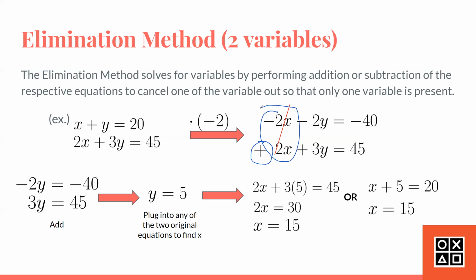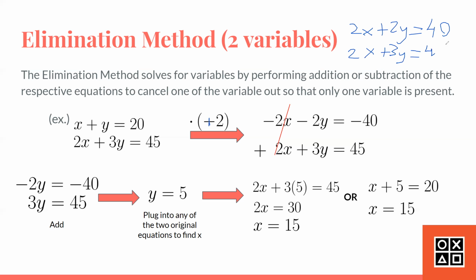But let's just say I multiplied it by +2 instead. Then I would have 2x plus 2y equals 40, and the other equation would be 2x plus 3y equals 45. In this case, you wouldn't add them to cancel them out, because if you add them, then 2 plus 2 is just 4x.